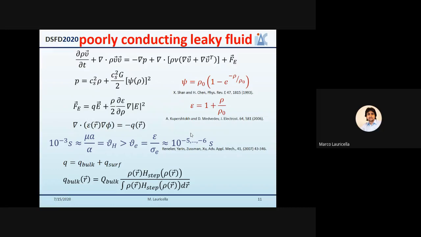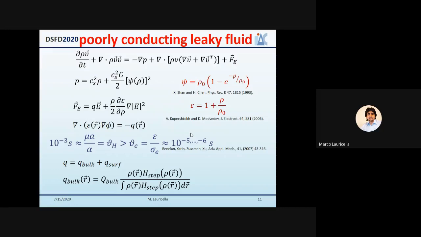So if we compute the electrical characteristic time as the ratio between the permittivity and the conductivity, and it is possible by doing a conversion in centimeter, gram, seconds, but this is not important, we can assess this time in a range between 10 to minus 5, 10 to minus 6 seconds.